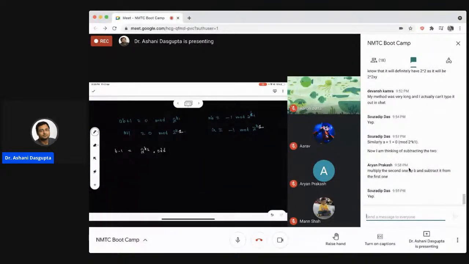This basically means b minus 1 is congruent to 0 mod 2 to the power k2. And we also have 2 to the power k2 less than 2 to the power n, which is equal to ab plus 1. So ab plus 1 is congruent to 0 mod 2 to the power k2. So b is congruent to 1 mod 2 to the power k2, and ab is congruent to minus 1 mod 2 to the power k2.